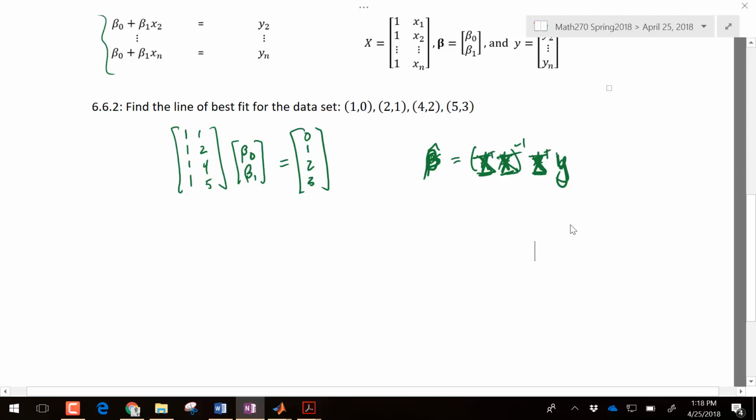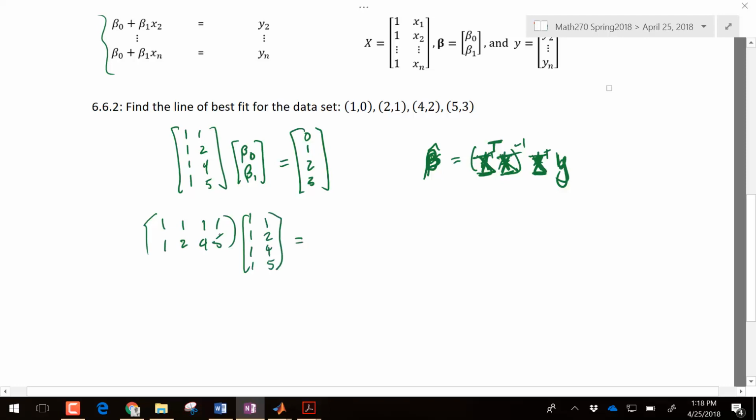So this is a 4 by 2, which means when we multiply this first part, it's going to be a 2 by 2 matrix. So that's easy enough to do, right? This is X transpose. So it's 1, 1, 1, 1, 1, 2, 4, 5. Multiply that by 1, 1, 1, 1, 1, 2, 4, 5.